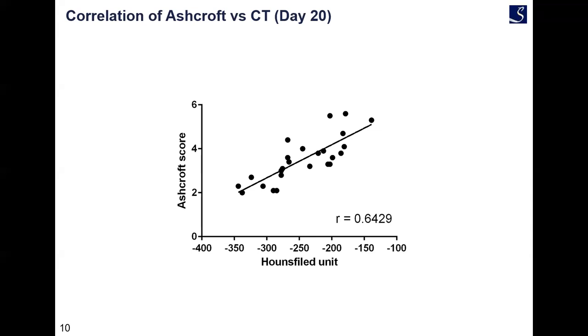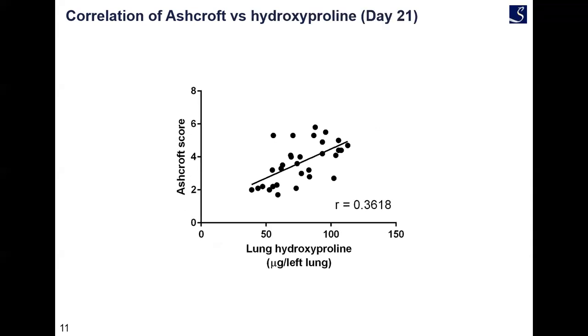These are the comparison correlation between the Ashcroft score and Hounsfield unit obtained by the CT scan. Lung hydroxyproline and Ashcroft score has a relatively weak correlation in comparison to body weight change and CT imaging.